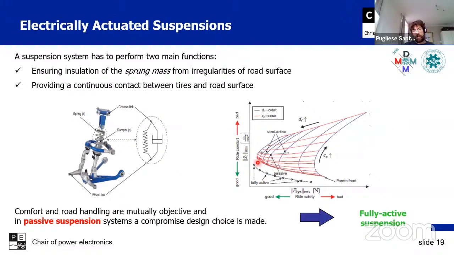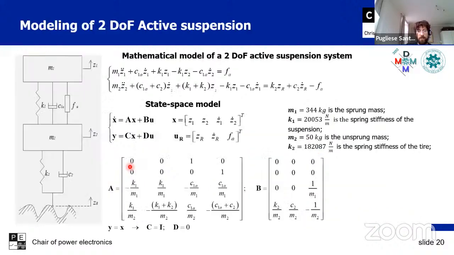In general, when we move from a passive to a full active suspension system, we move this, which is called the Pareto front, lower. So it means that we are much closer to good behavior of our suspension, both in terms of road holding and ride safety, and in terms of comfort. So let's see how an active suspension system can be modeled.